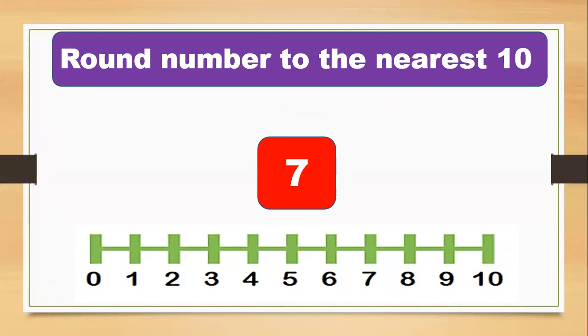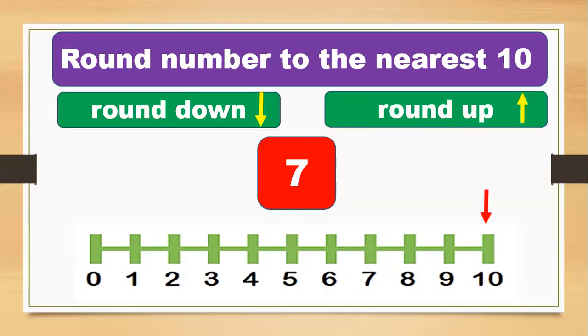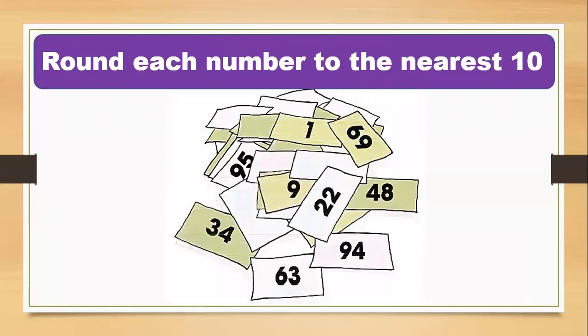What is the midpoint of this number line? 5. 7 comes after the midpoint, right? So you have to round 7 to 10. So in this way you can estimate different numbers.